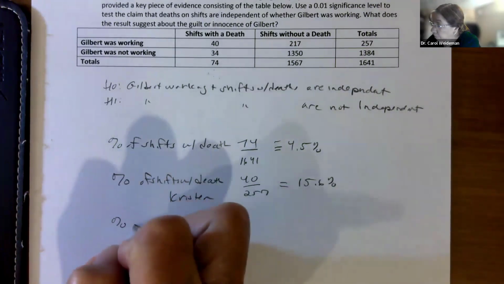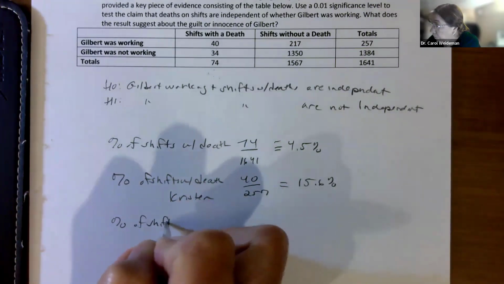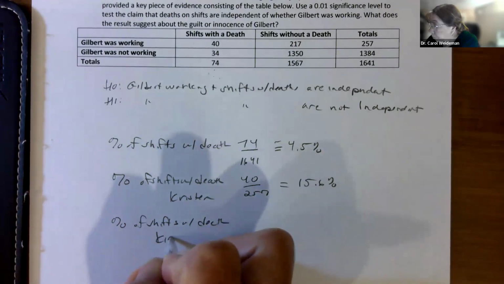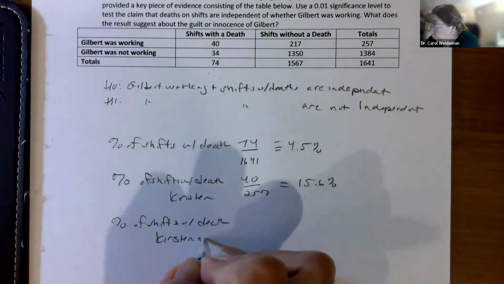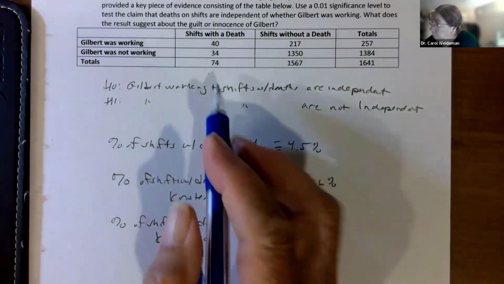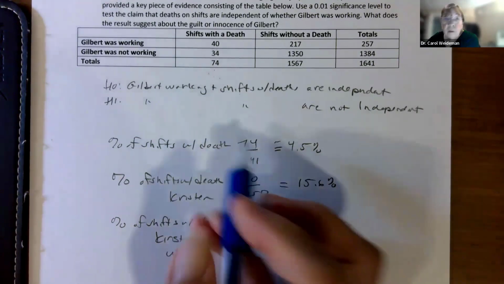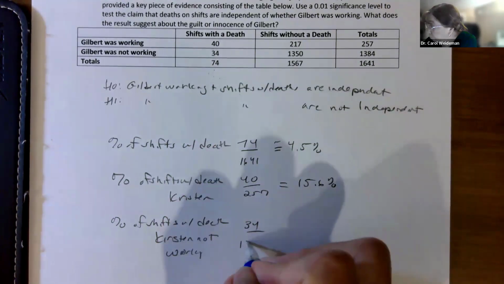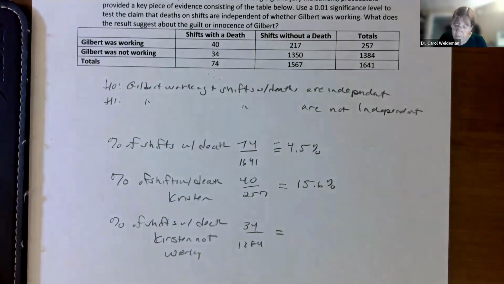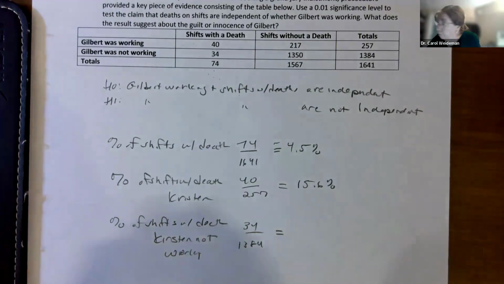And then the percent of the shifts with a death when Kristen was not working would be 34 over 1384. 34 divided by 1384 is 2.5%.